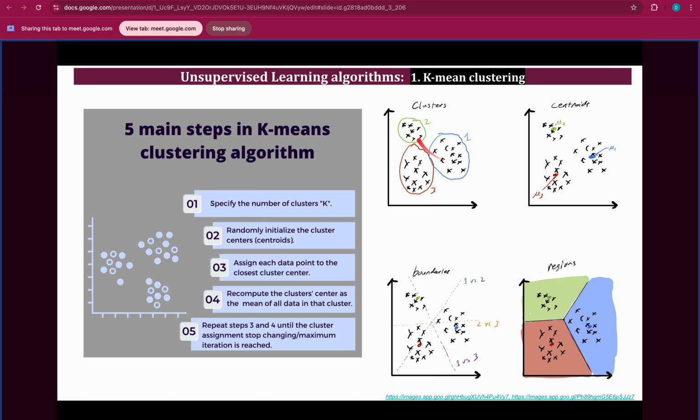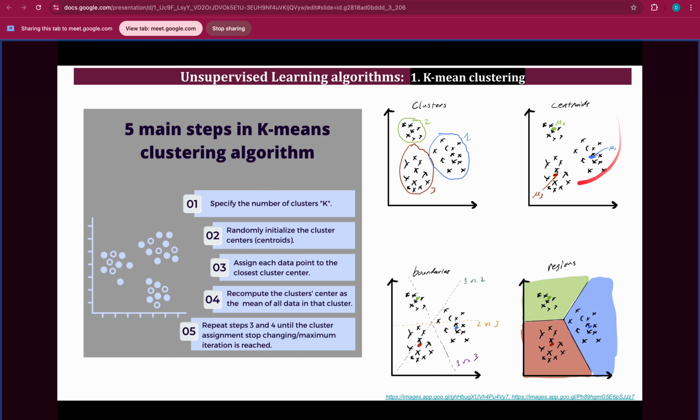For example, here they have thought of 3 clusters, randomly assigned, and some midpoints are selected: mu1, mu2, mu3. Previously they were not called mu1, mu2, mu3, because mu is generally used to represent the mean if you are looking at some sample distribution. This variable mu is used to depict the mean.